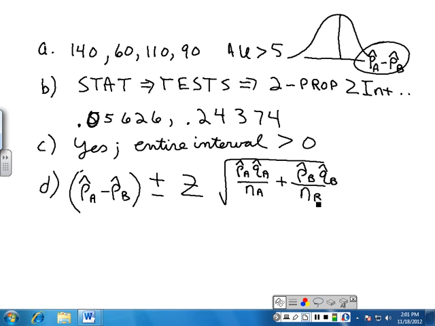In group A, we would have had 140 over 200, which is 0.7. And p hat B would be 110 out of 200.